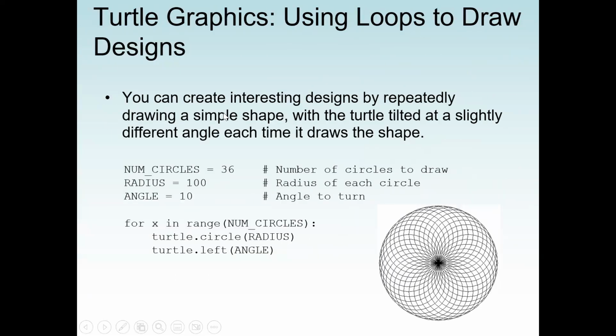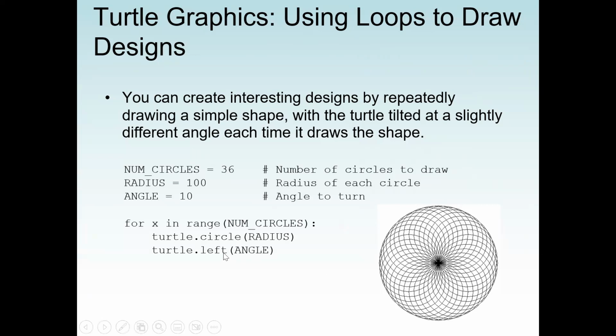Same thing also here, we can create interesting designs by repeatedly drawing a simple shape with a turtle, then tilting it at a slightly different angle each time it draws the shape. So we can see this is the shape we are getting from this code. Here we say the number of circles is 36. The radius is 100, the angle is 10. As we saw previously, the angle can be 40, any angle.